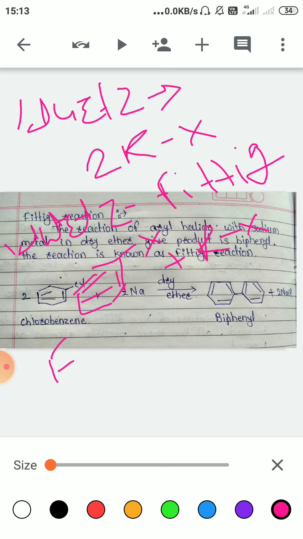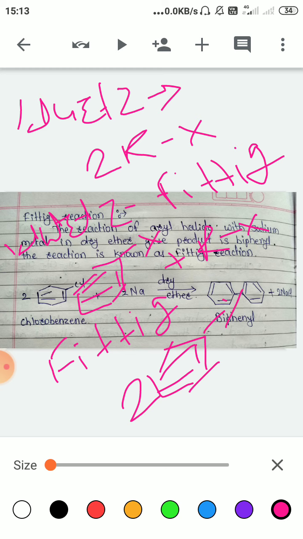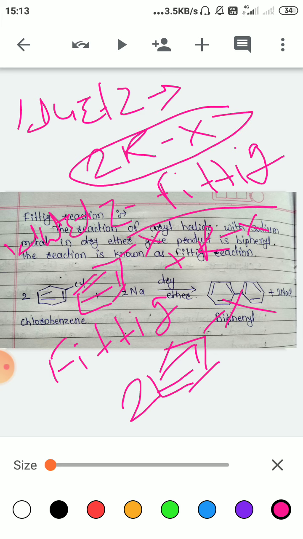And the third one, only Fittig, is 2 moles of aryl halides. So simply, Wurtz's reaction uses only 2 moles of alkyl halide.